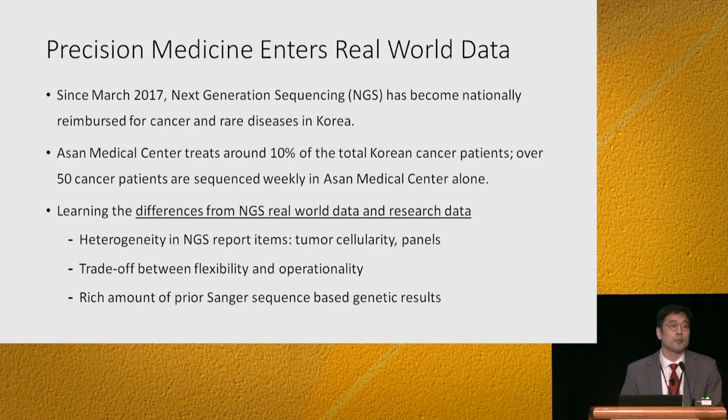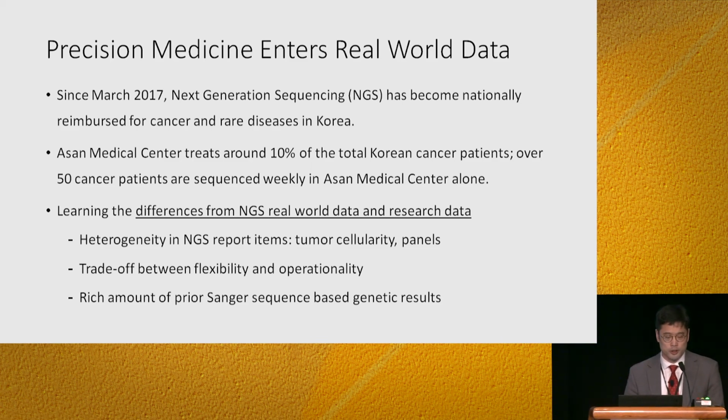That had a very big impact, and right now we're sequencing around 50 patients a week. So the amount of data was accumulating too fast, and we really wanted to have a table or box that could contain all this information and have a better impact on patients.